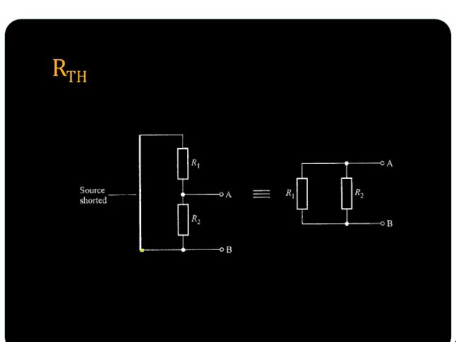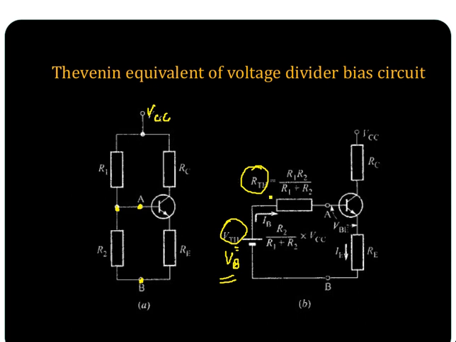R Thevenin means you have to find the Thevenin equivalent resistance, you have to short circuit the source. If you short circuit VCC and draw the equivalent circuit, you will see that this R1 is parallel to R2. If R1 is parallel to R2, then R Thevenin will be across these two terminals A, B. That is, you are shorting this source, and then finding the equivalent R Thevenin.